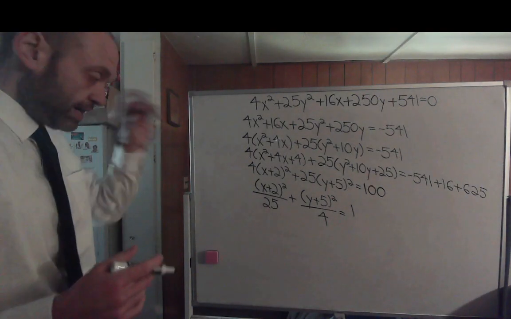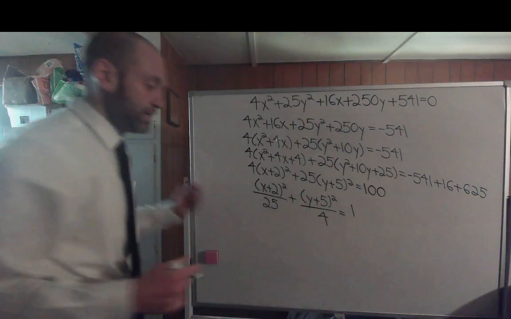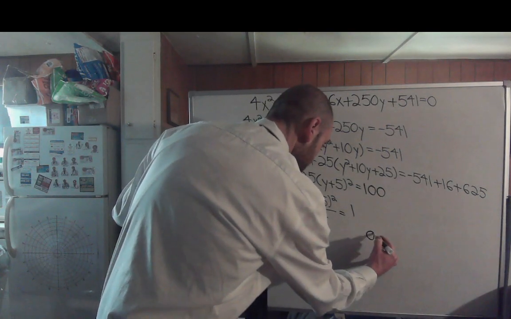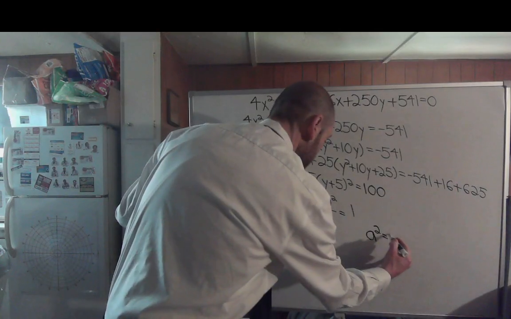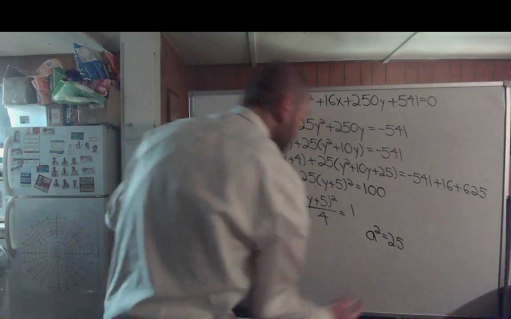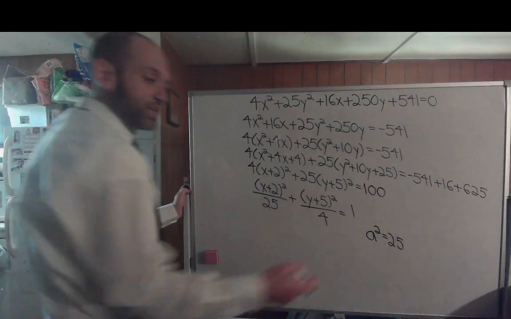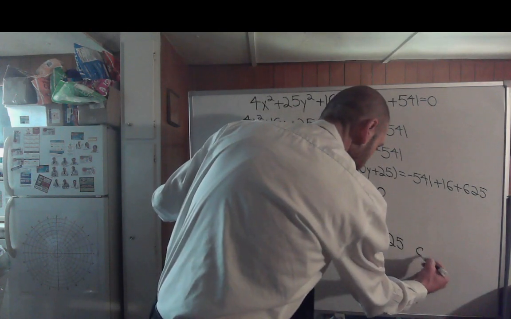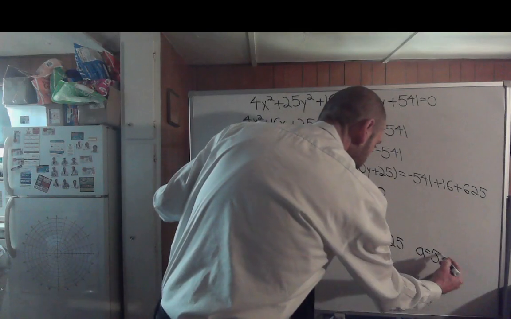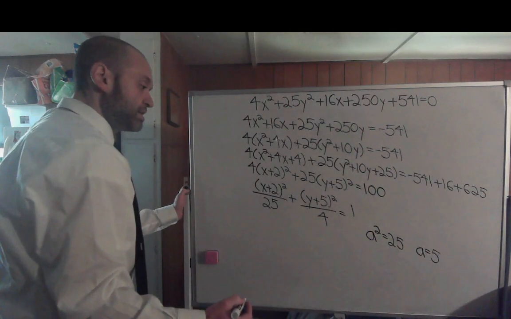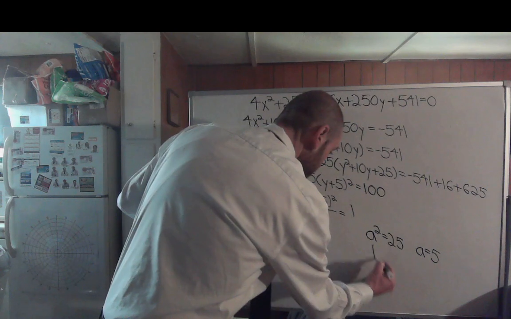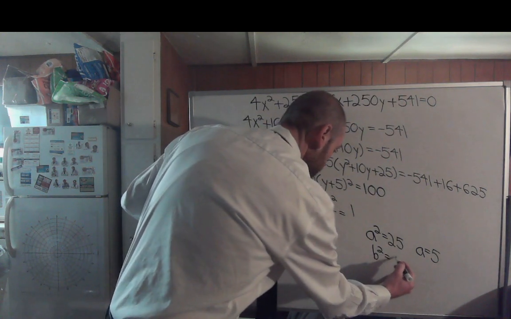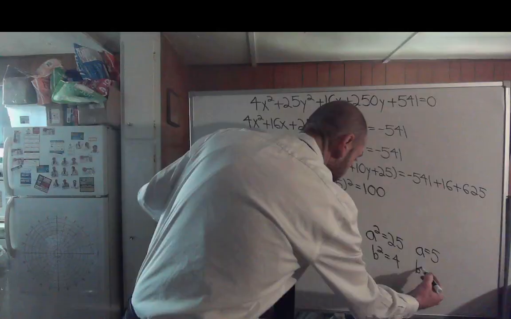Let's go ahead and identify our a, b's, and c's. Well, a squared equals 25, and since we're going for eccentricity, we only consider the positive root, so a equals 5. And then, of course, b squared equals 4, which means b would have to equal 2.